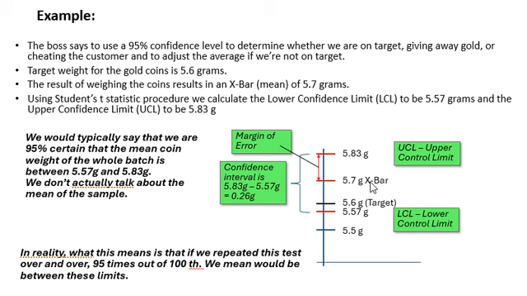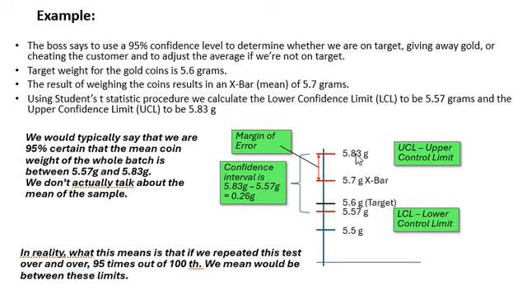Then with the Student's t procedure we calculated, we get our lower confidence limit, the LCL, which is 5.57, and your upper limit is 5.83. That comes from your confidence interval calculations. So we have a target, our mean, and lower and upper limits.